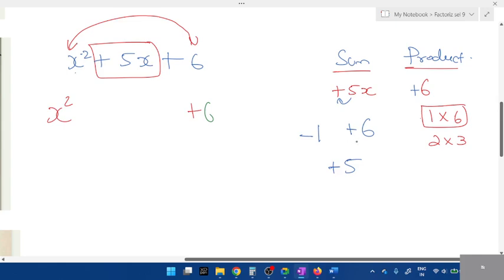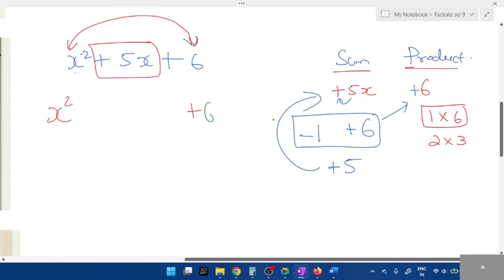So when you add or subtract, are we getting plus 5 for this combination of 1 and 6? Right. And when you multiply, you should get plus 6, students. Which two did I multiply? 1 into 6.